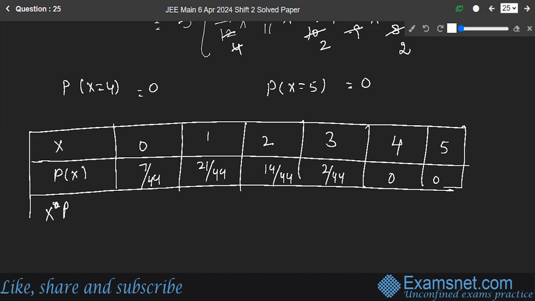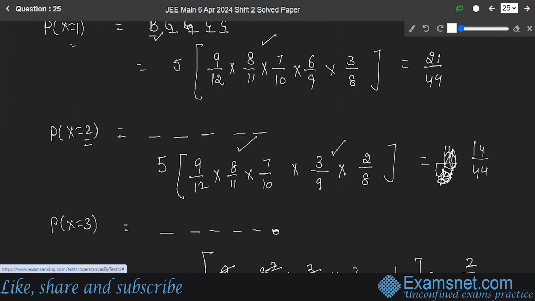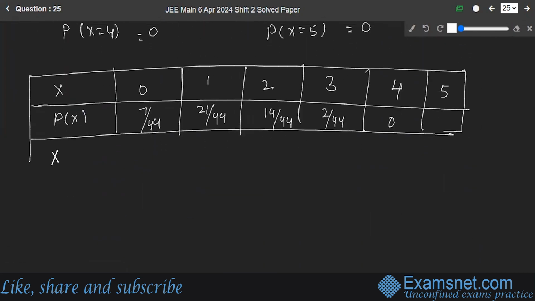Let's make it x into P(x). This is x into P(x). This will give me a 0, and this will give me 21 by 44, 28, 6, and a 0 and a 0.